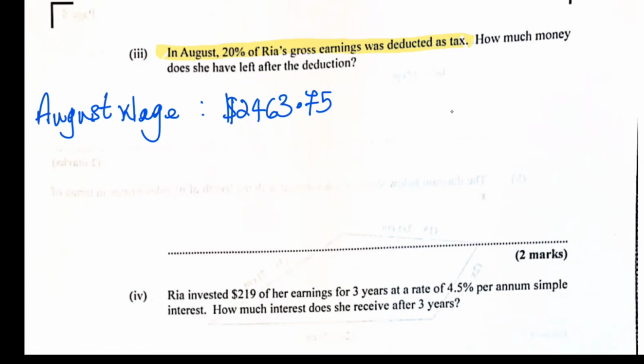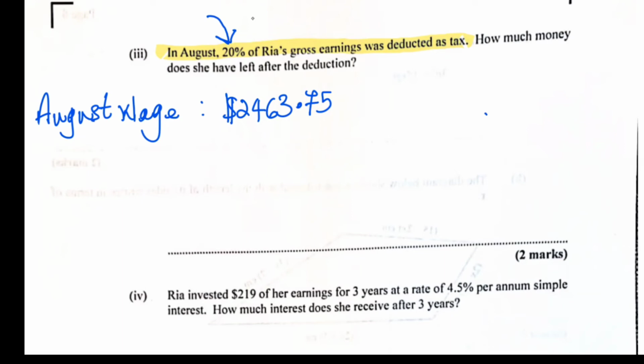So there are two ways to do this. Josiah, you can either find 20% of this and subtract it, or you can understand that if 20% comes out as tax, how much money you think she will have left as a percentage? Exactly 80%. So you can approach it two ways.